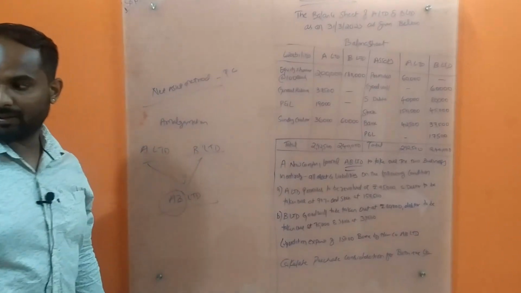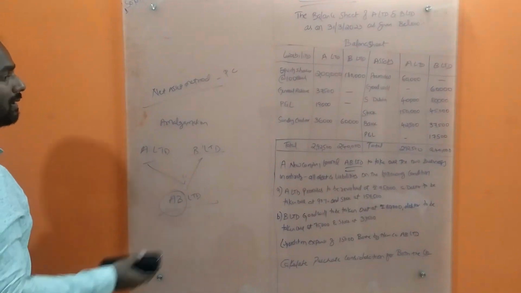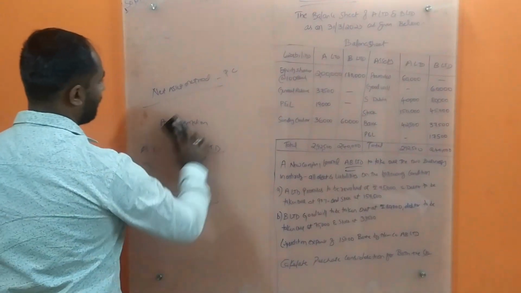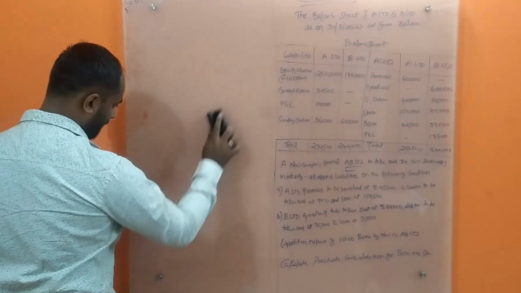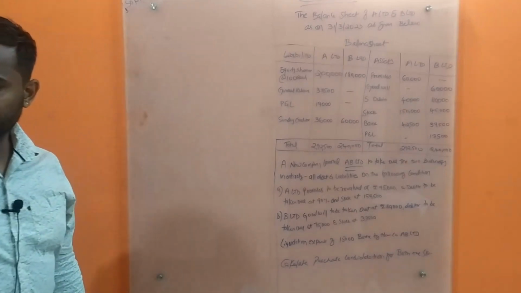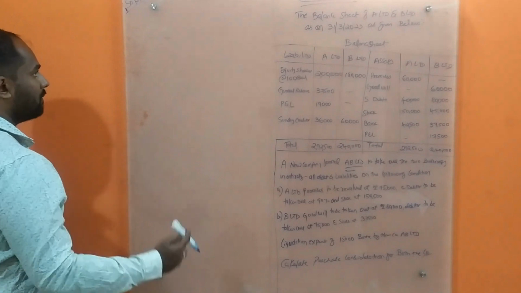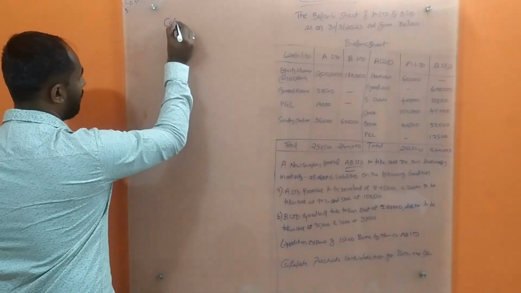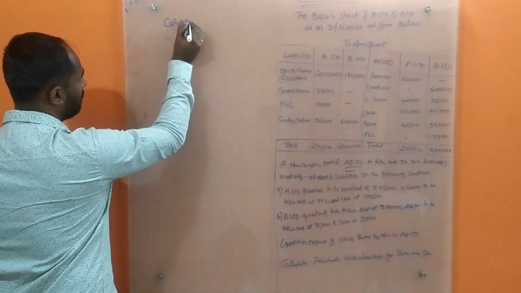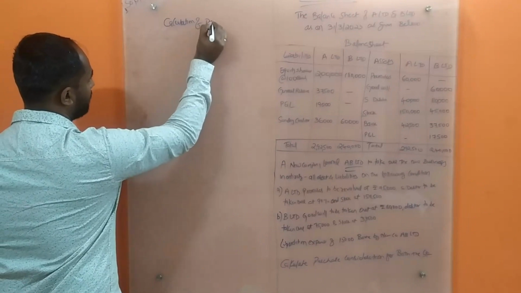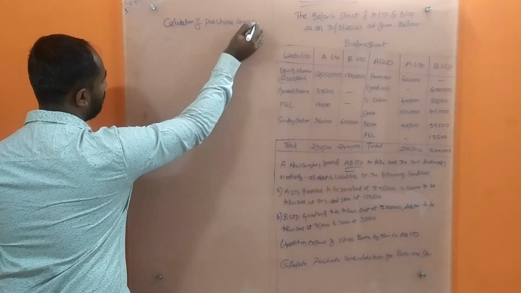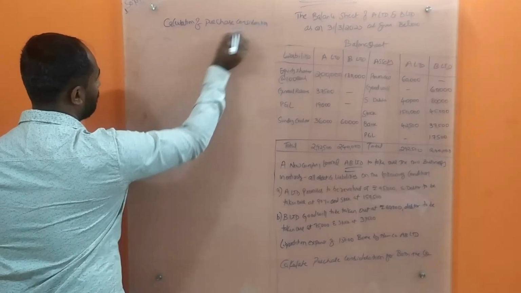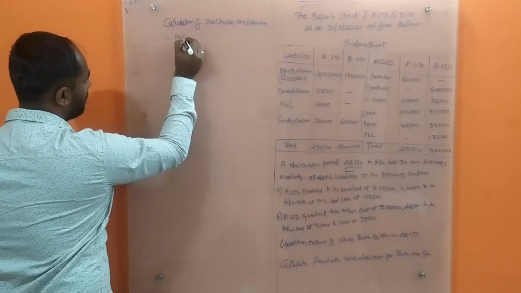So clearly this is a case where it should be calculated based on the net asset method. A new company is formed here, so this is an amalgamation in nature. So we will calculate the purchase consideration under the net asset method.